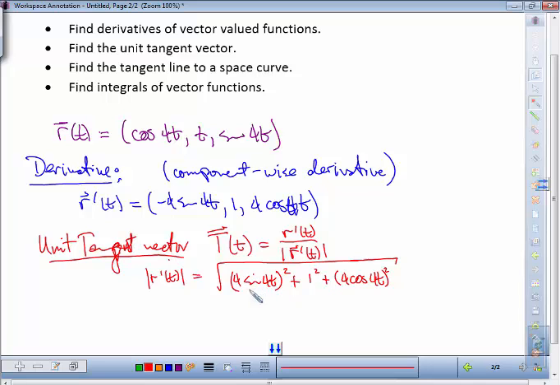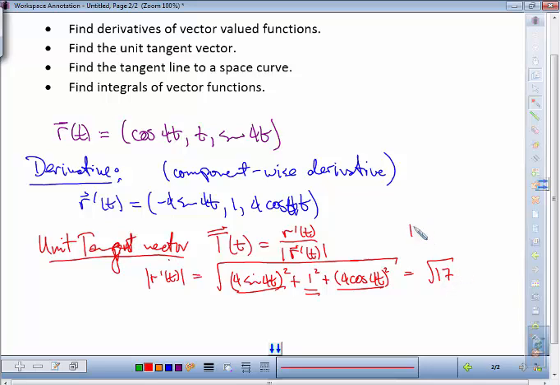You just take 4 times 4, 16. You got 16 times sine 4t quantity squared and 16 times cosine 4t quantity squared. And you have the sine and the cosine together with a factor of 16. So if you imagine, can we do this in our head or should I write it down? It'll just be 16, right? And then you have one more, so it'll be 17. So this whole thing is just square root of 17.